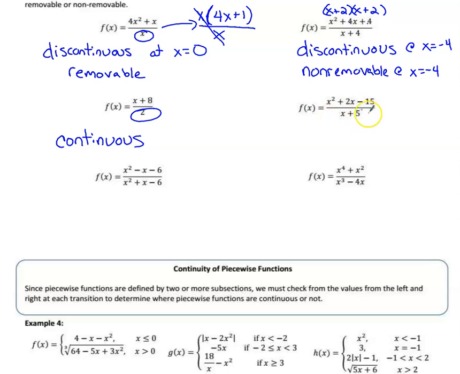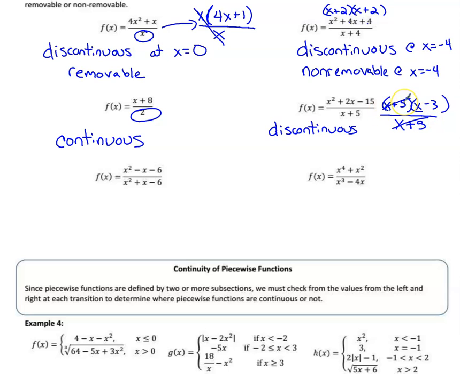Can this denominator ever be 0? Yes, at x equals negative 5, so it is discontinuous. Now, is it removable or non-removable? Let's factor the top and see. I know it's x plus 5 in the denominator. What multiplies to give me negative 15 that adds to give me 2? Well, it'll be positive 5 and negative 3.